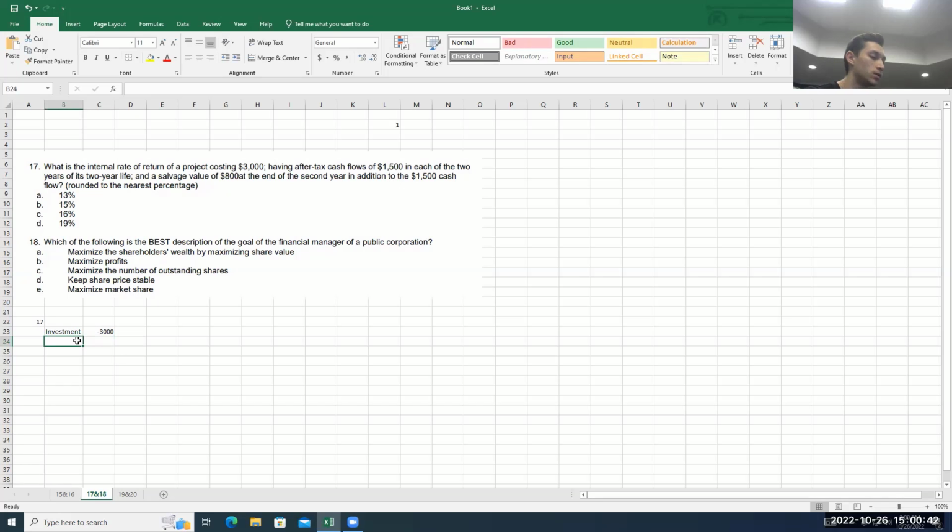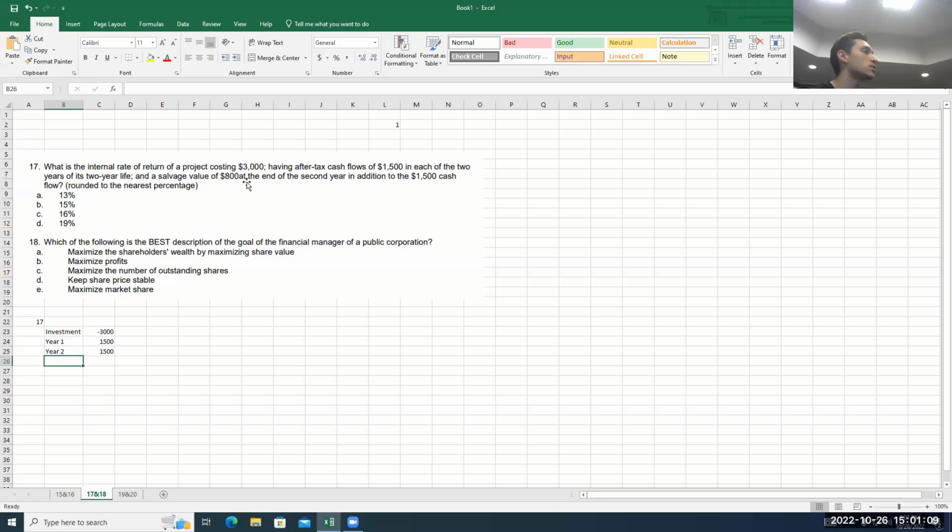So we're going to put year one. Our year one cash flow is going to be $1,500. And we can also put that for year two, because we're going to get the same $1,500. Now we are given a salvage value as well. It says there's a salvage value of $800 at the end of the second year, in addition to the $1,500 cash flow.